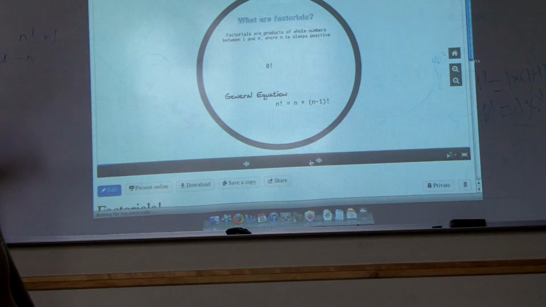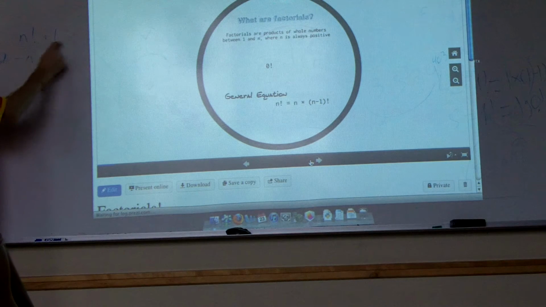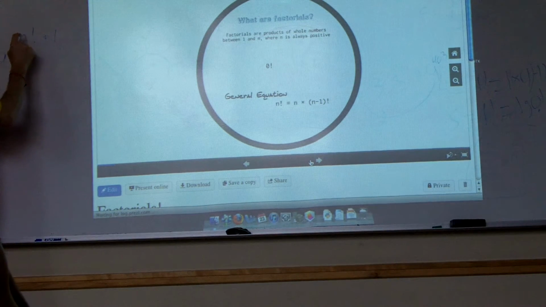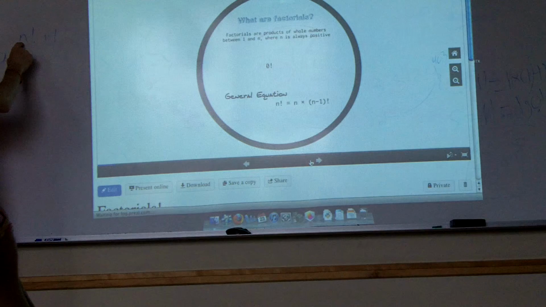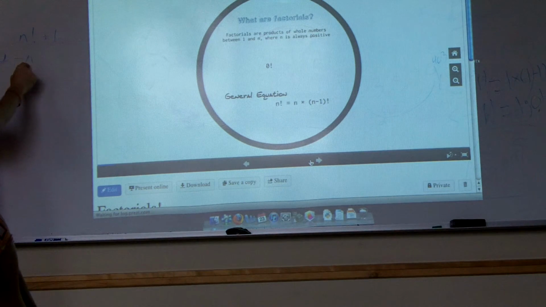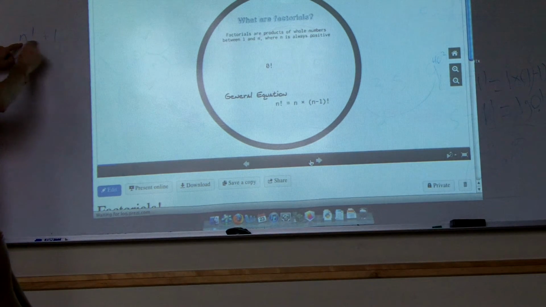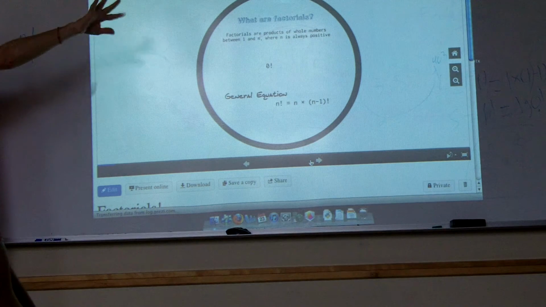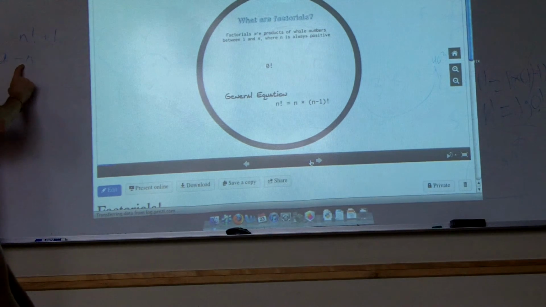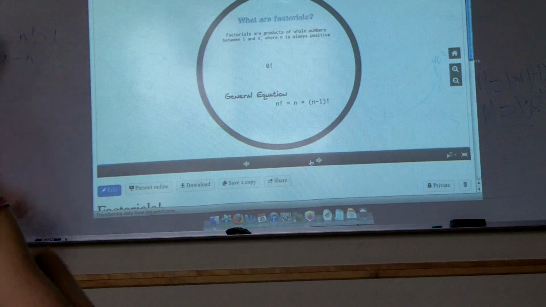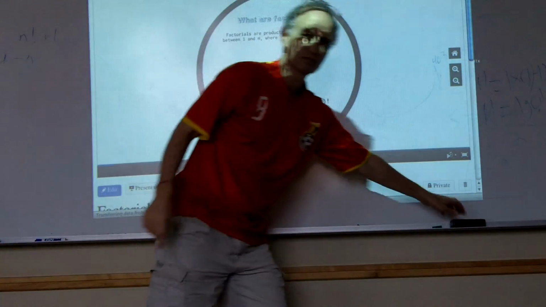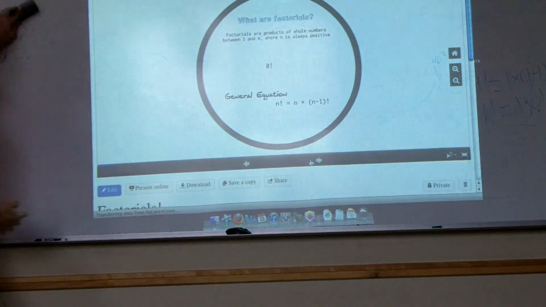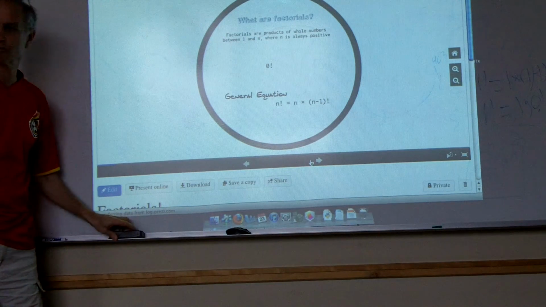No. That means that n is not the largest prime, because n factorial plus 1 will have all of these numbers that will not go into it. So either this number is prime, or there's some larger number that's prime. One way or another, you can use this factorial idea to prove that there's no largest prime number. Sorry that I didn't explain that particularly well.